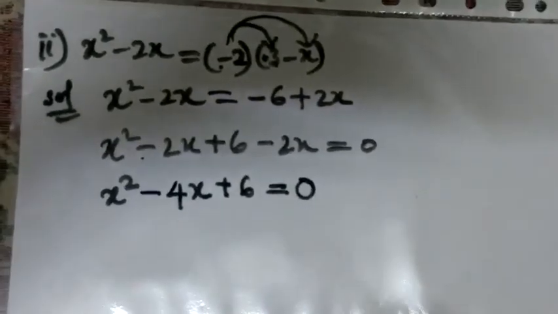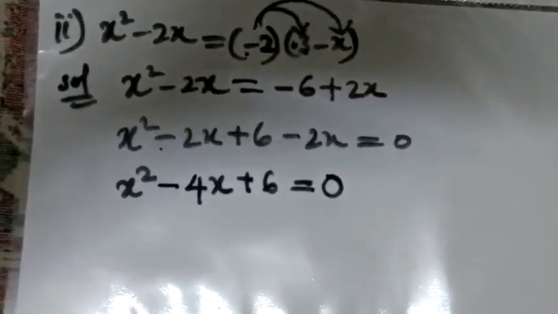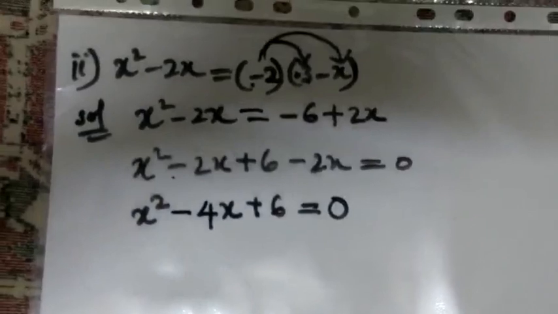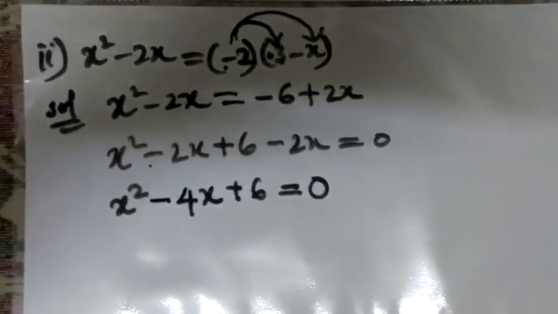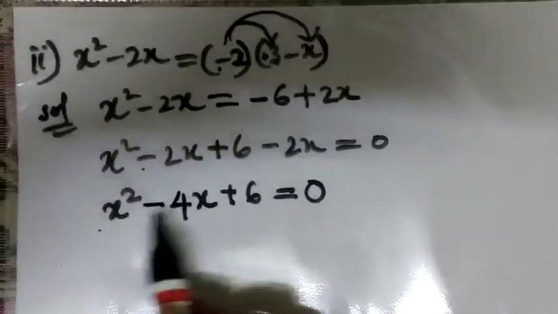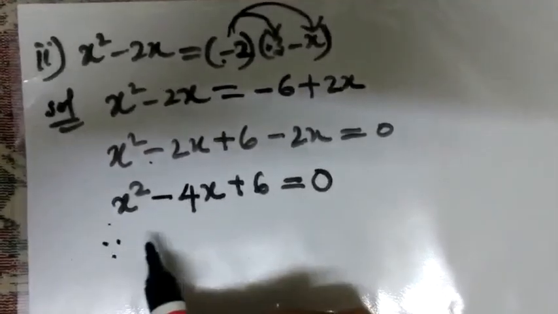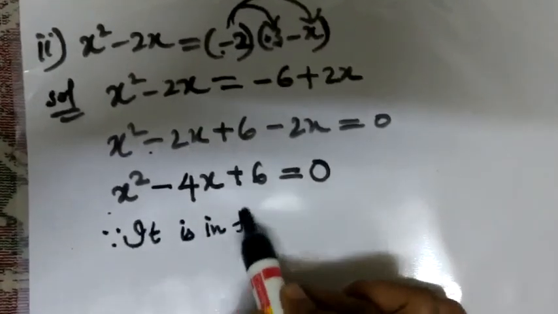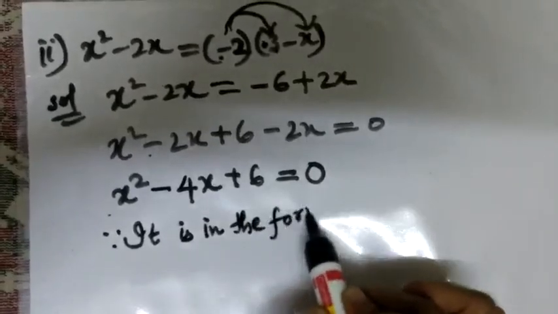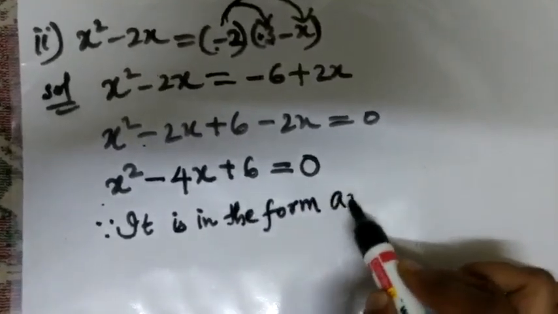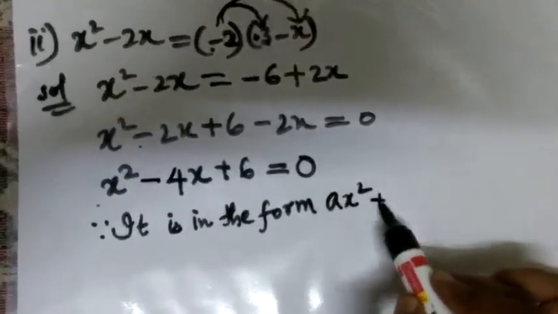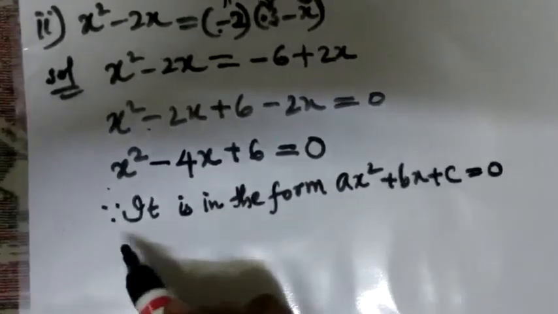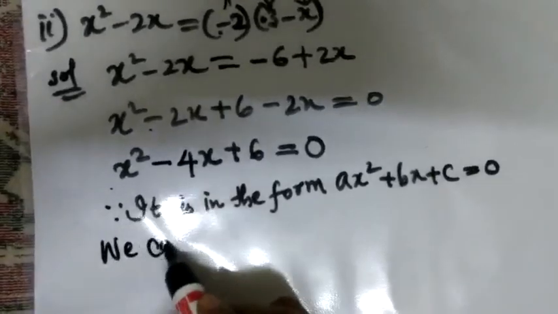So in your previous problem, I had given the reasoning as the degree is 2. That's why it's a quadratic equation. I'll try to cover both the methods, so you can use any method. So here I will say, since it is in the form of ax square plus bx plus c equals to 0, we can say, whichever method you like, you can write. They both are standard forms of reasoning.